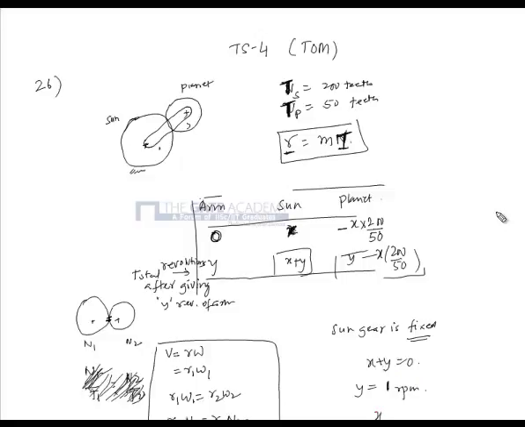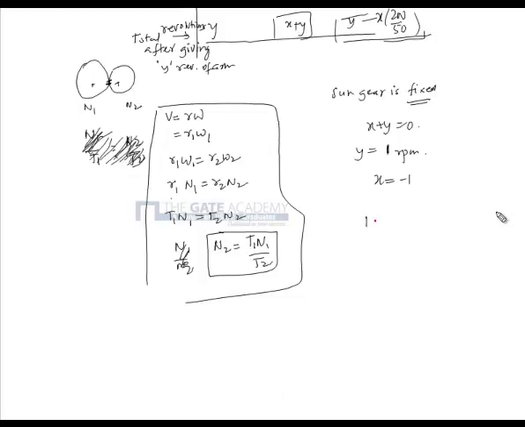Using this relation I get x as -1. Now let's substitute x and y in the planet gear: it comes out to be 1 minus of -1 into 200 by 50, which is 4, so this is 5. For one revolution of the arm, the planet has 5 revolutions.